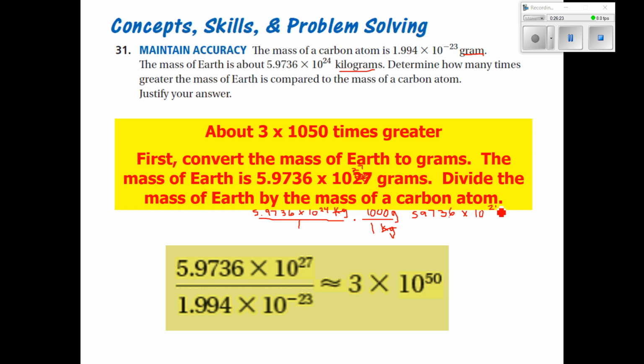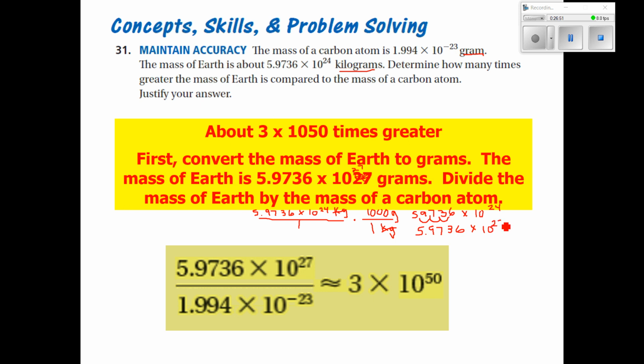To turn it to grams, remember we got rid of this. We're going to have to bring it back 1, 2, 3, which means we make this bigger, right? So this is going to be 5.9736 times 10 to the 27th power.